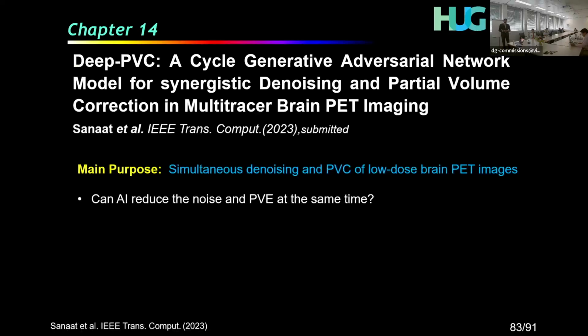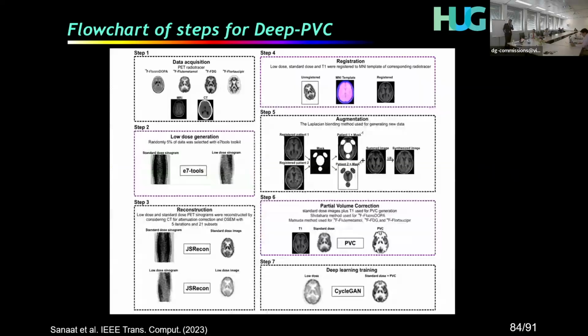And in chapter 17, we went a bit further and we tried to understand if a deep learning model can do both partial volume correction and denoising. So we use the same multi-tracer dataset. We generated the low-dose images with our partial volume correction. And we also use our augmentation model for increasing the number of datasets.